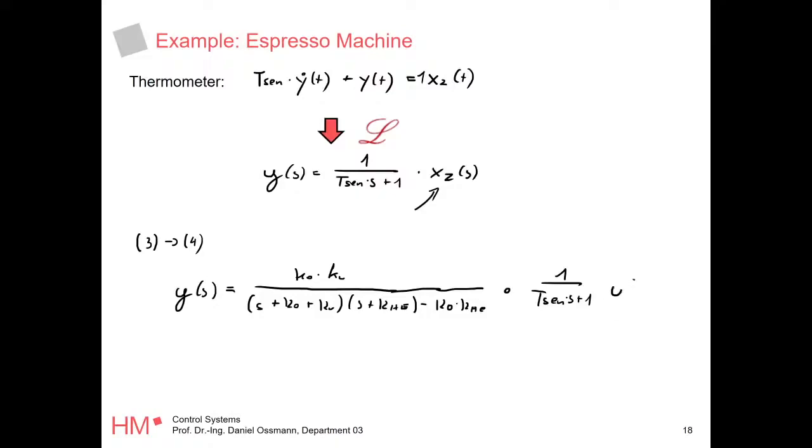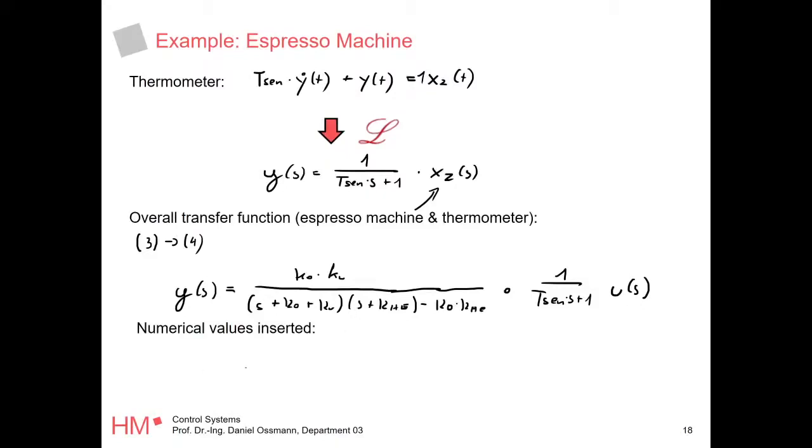times u of s. Yes. And finally, I added the numerical values, and you end up with a transfer function of y of s equal to 630 over s squared plus 8.3 s plus 1.5.